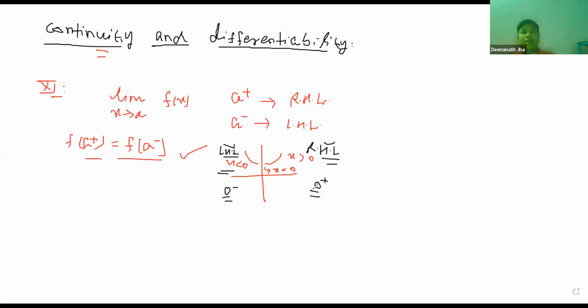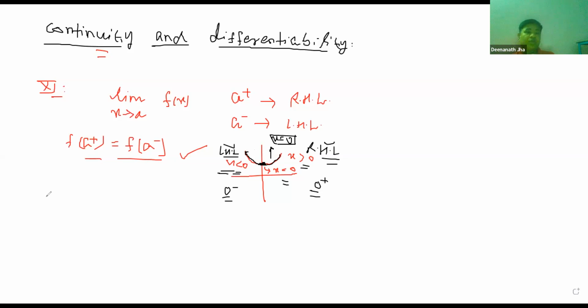Now we have to study this gap. When you fill up this gap, it means this graph is continuous at x equal to 0. When the graph starts from this point and without any break comes through x less than 0, x greater than 0 and x equal to 0, then this graph is known as a continuous function.